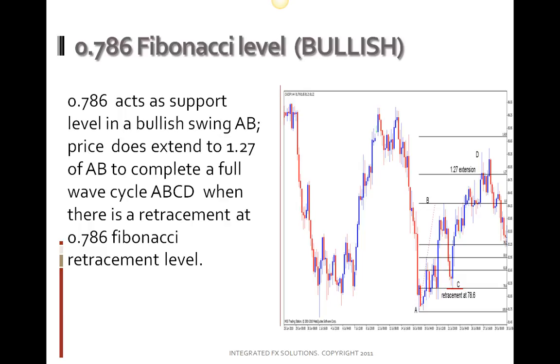Now once price retraced to 78.6, the expected extension from what we've learned is 1.27, and price got to 1.27 to form a D. We can see the A, B, C, D movement.